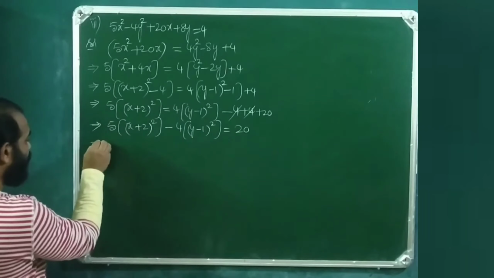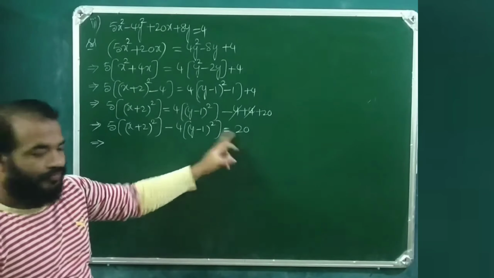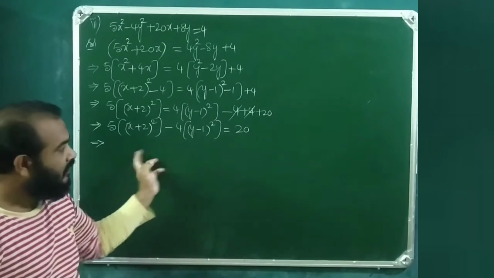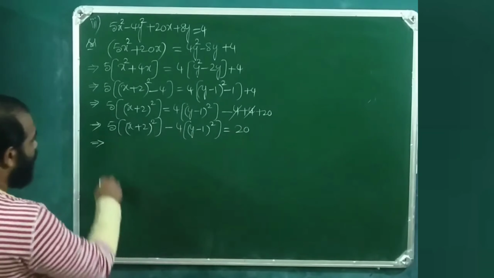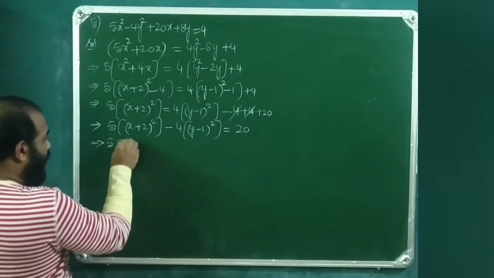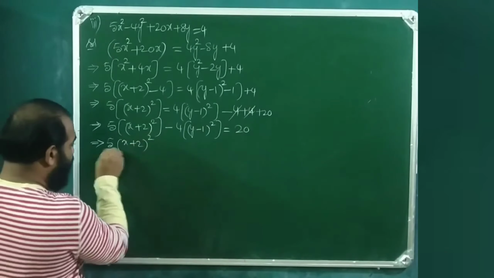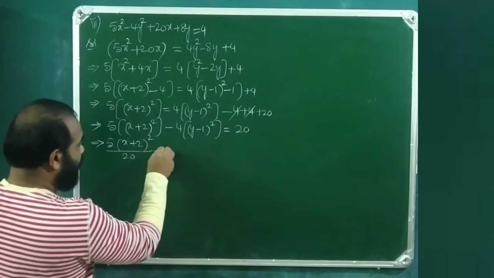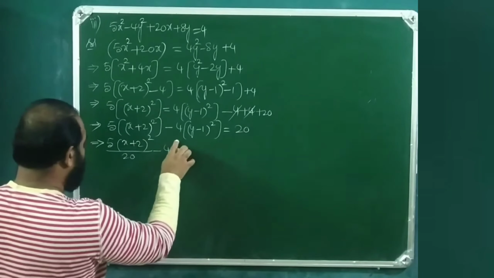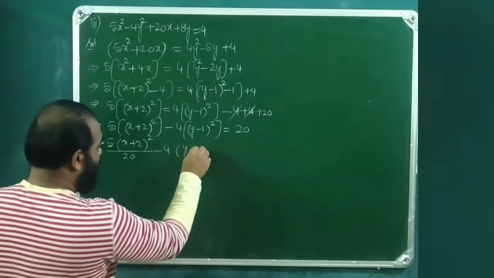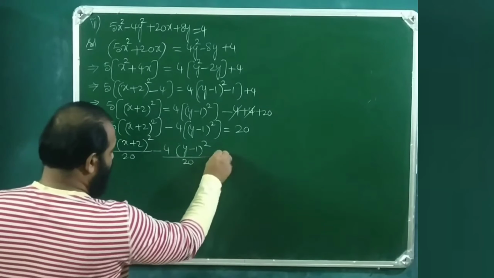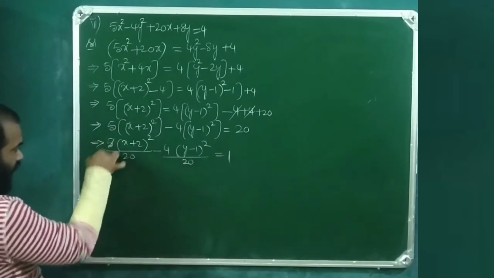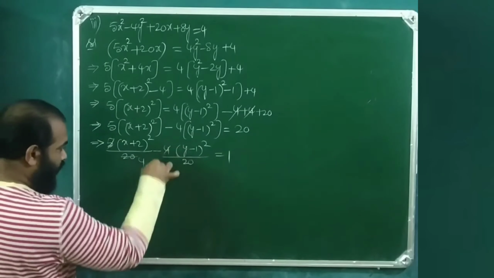So bring this 20 onto the LHS, then dividing both of them: 5(x + 2)²/20 − 4(y − 1)²/20 = 1. 5 4s are 20, 4 5s are 20.